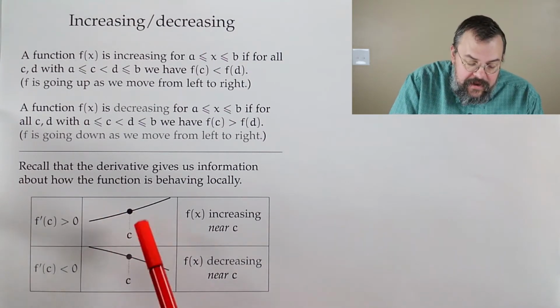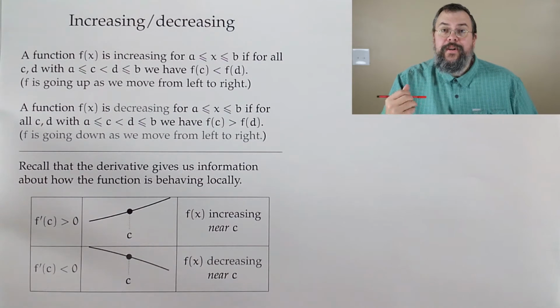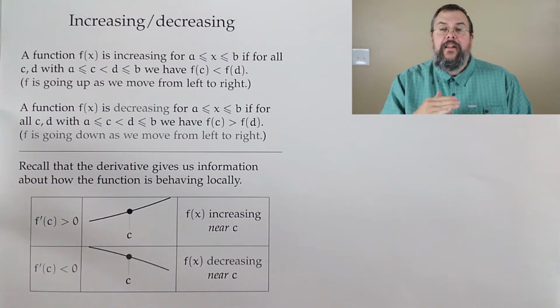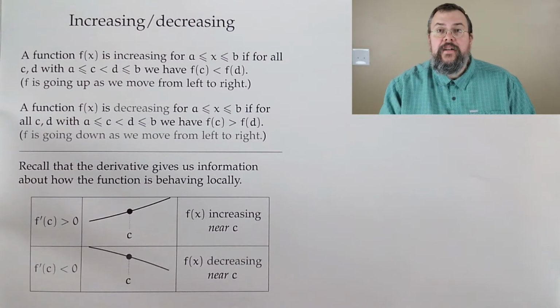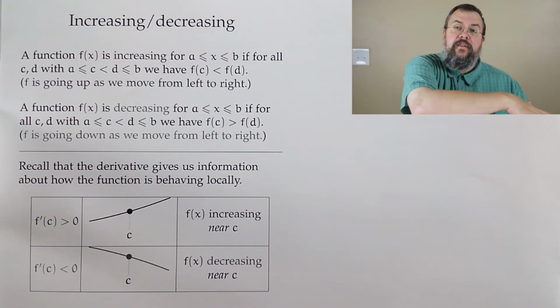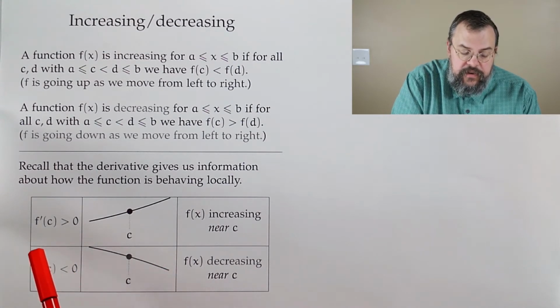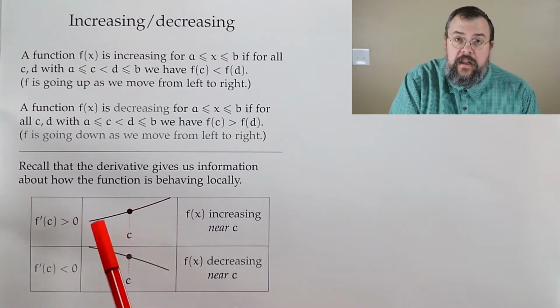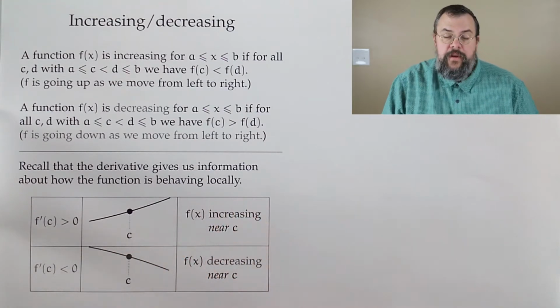Locally it looks like a line which is increasing. We know when lines are increasing: a line increasing means positive slope, and a line decreasing means negative slope. Therefore, if our derivative is positive, nearby we look like a line with positive slope, which means that nearby we're increasing.